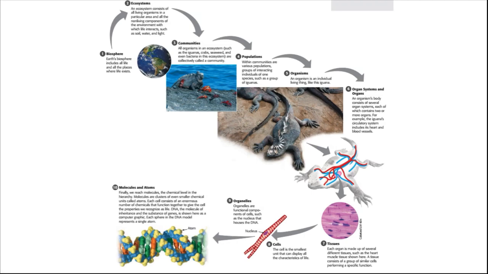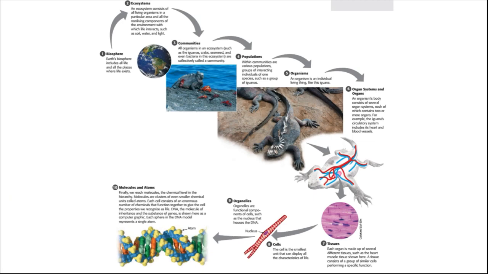So in this case, the example organism is this marine iguana. Remember that this marine iguana is composed of organ systems and organs made up of tissues, made up of cells, which are made up of organelles, and ultimately molecules and atoms. Several organisms, or multiple organisms in a breeding group, we call that a population.